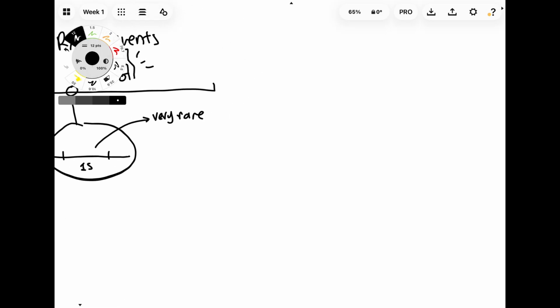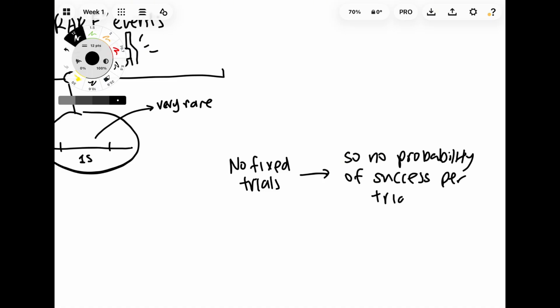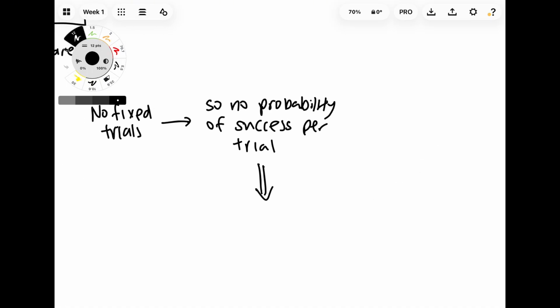In the Poisson framework, we no longer talk about probability of success per trial because there are no fixed trials. Instead, we describe the process using a rate, the average number of events occurring per unit of time. And although we've derived the Poisson distribution from the binomial perspective today, it can also be developed from a continuous time framework known as the Poisson process.